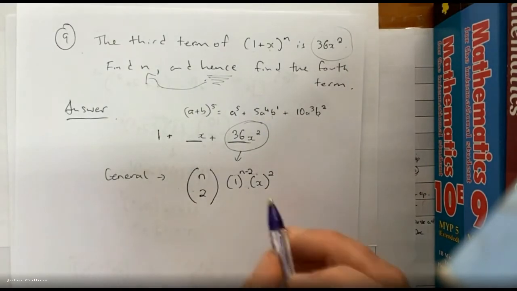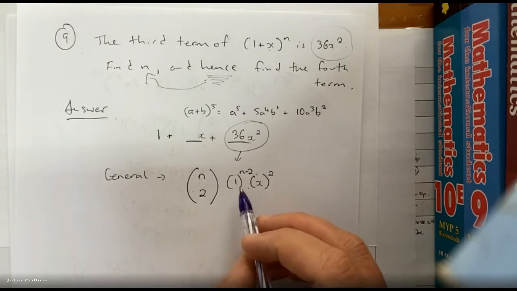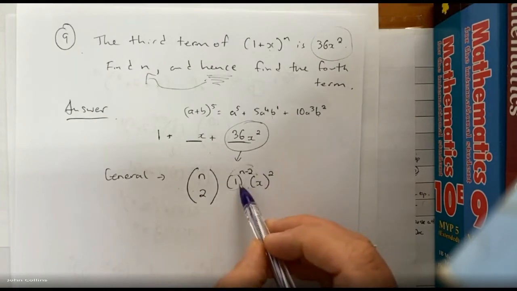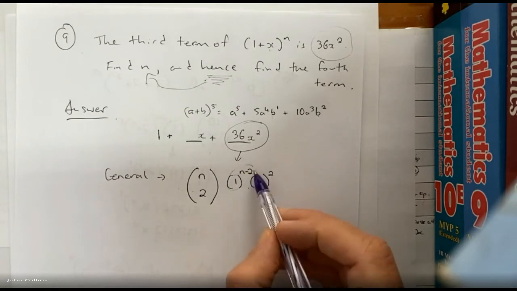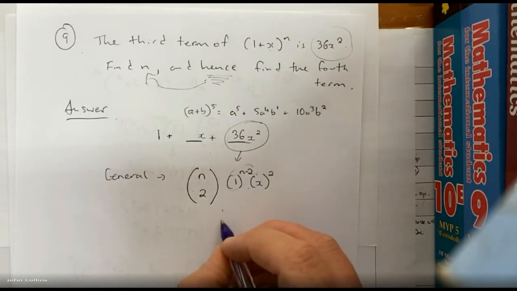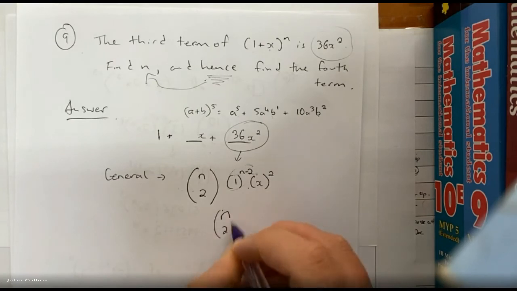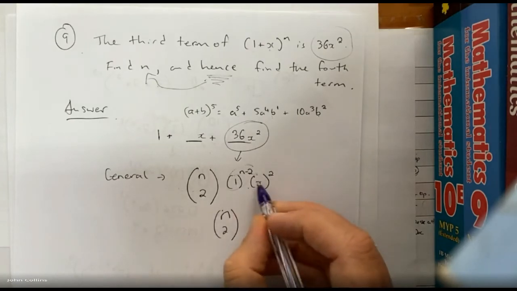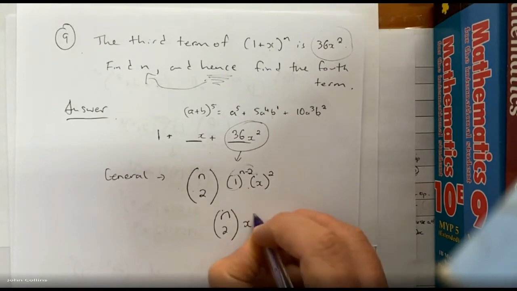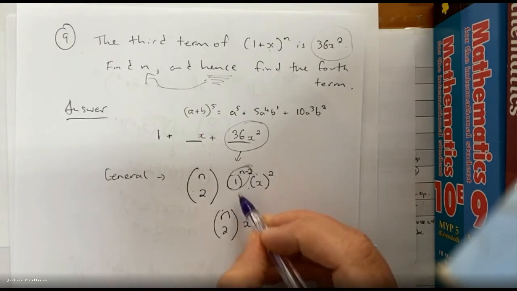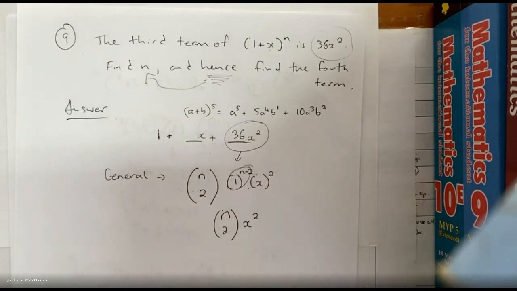Okay? Now, let's delve into this a little bit more. 1 to anything, to the power of anything, is still 1. So that's just going to be 1. So what we're really left with is n choose 2, 1, doesn't matter. I can write 1 times x squared, which is going to be x squared, because that whole thing is 1, so I don't need to write 1 here.